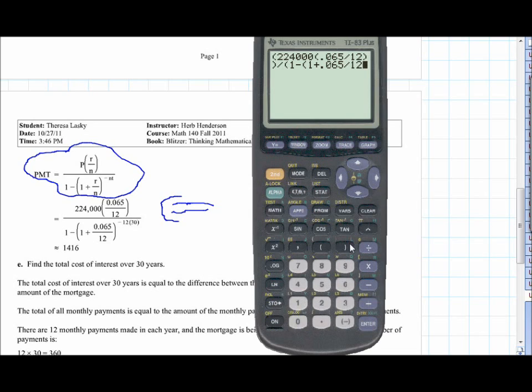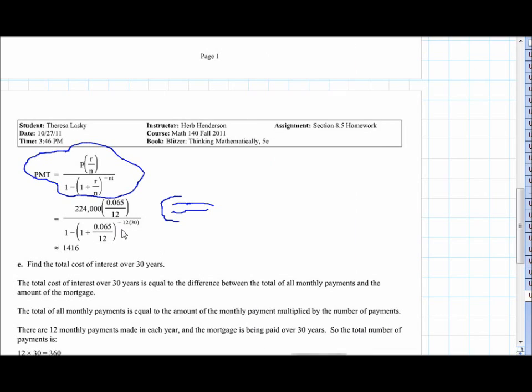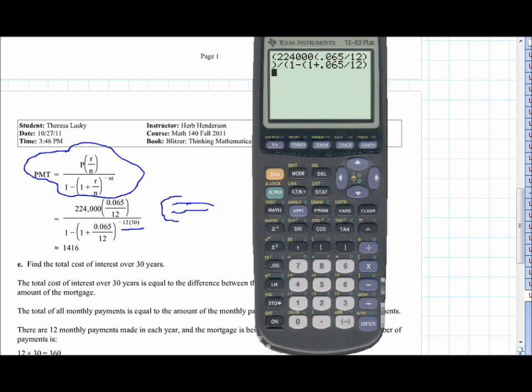Okay, now comes a tricky part. That right there. And this is a spot where you can catch some big time errors. This means I'm raising to a power. And this actually has to go into parentheses also. This is the negative 12. This is a negative. This is a minus.